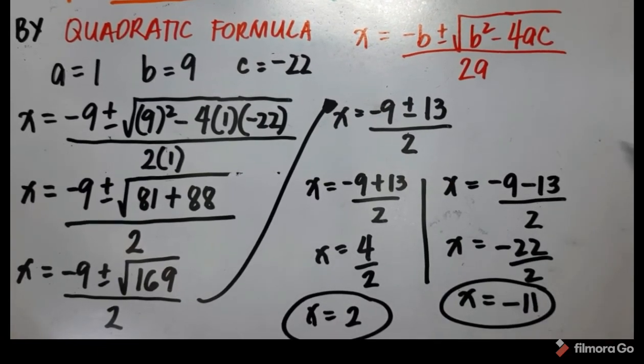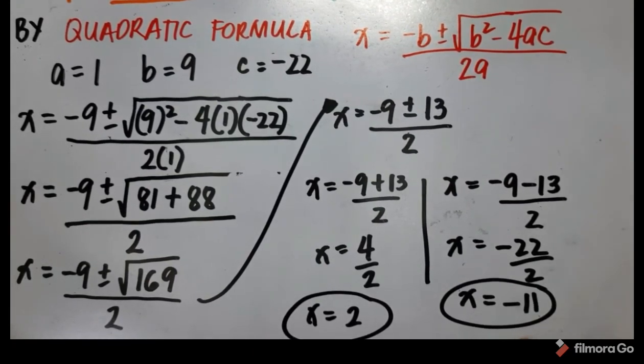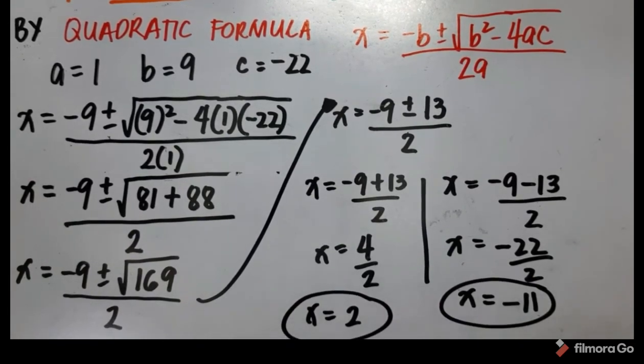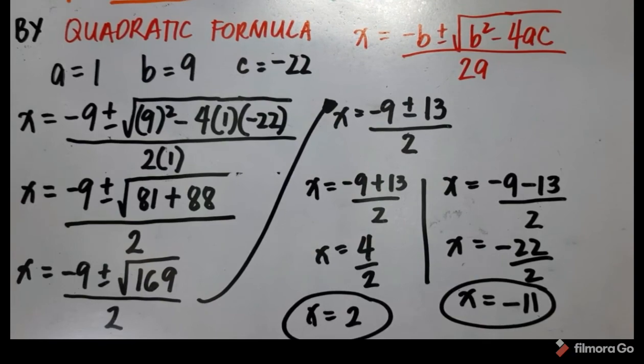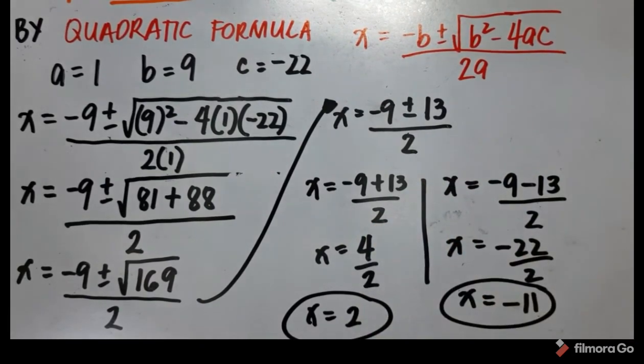As you see, the solutions or the roots of this equation, positive 2 and negative 11, are the same whatever way we use. We have used factoring, completing the square, and the quadratic formula. Three ways have the same solutions. That's it.